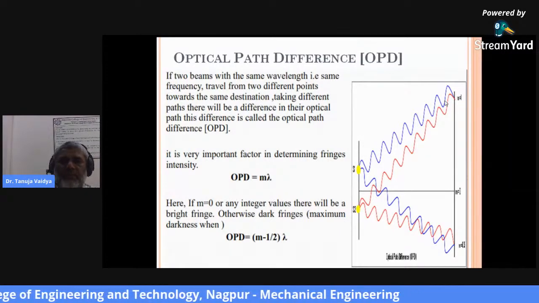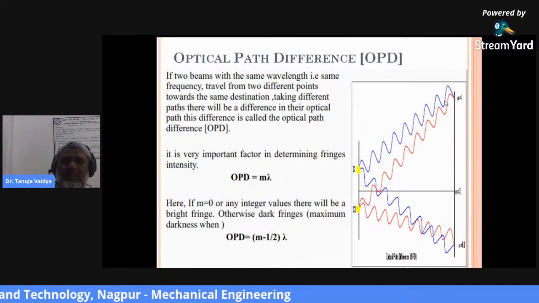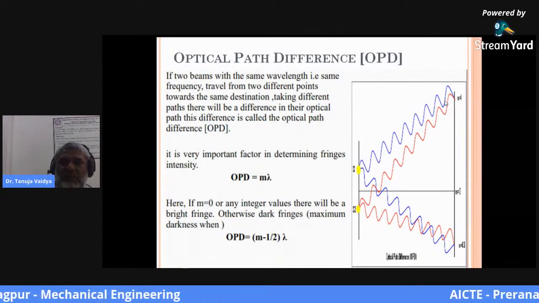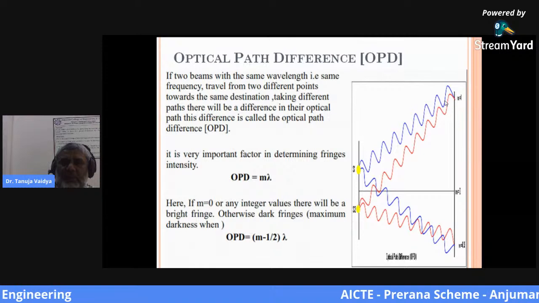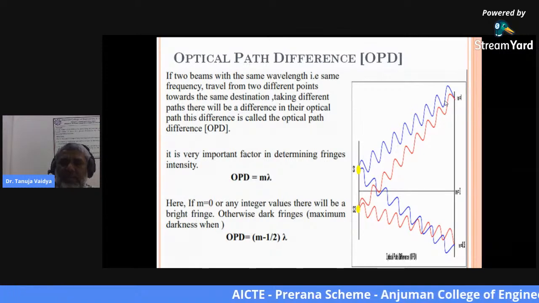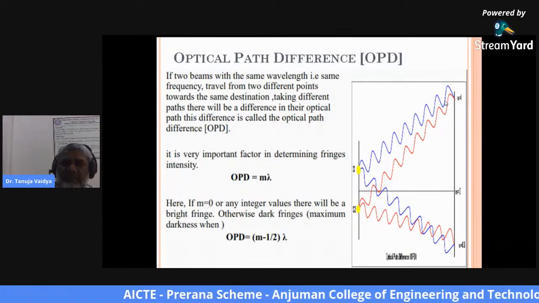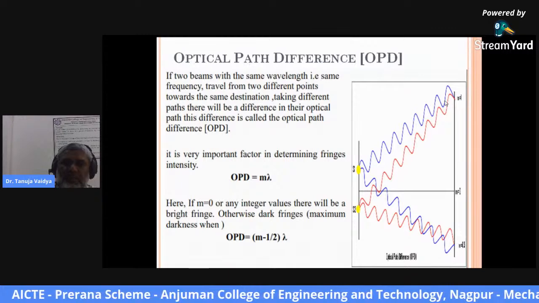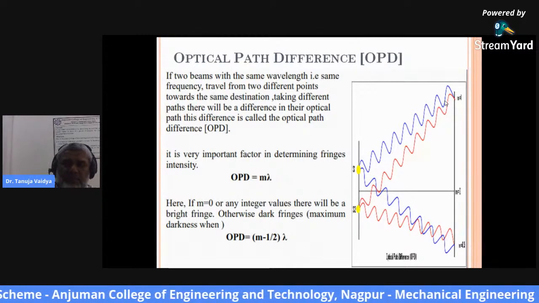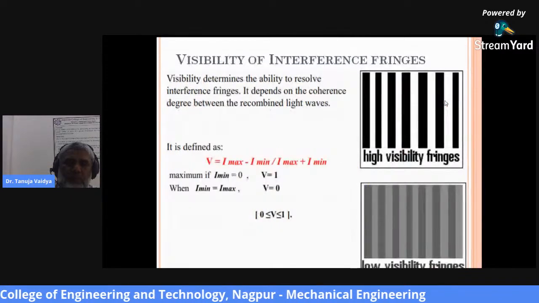There will be a difference in their optical path, and this difference is called the optical path difference. It is a very important factor in determining fringe intensity. This optical path difference is to be taken into account.